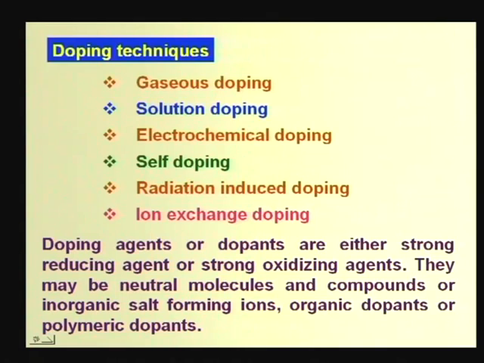Radiation induced doping means, say you can take a foreign agent which is inert in the polymer as dopant, but that inert dopant can break if you expose it to some high energy radiation, forming free radicals or ionic species, keeping the polymer stable.